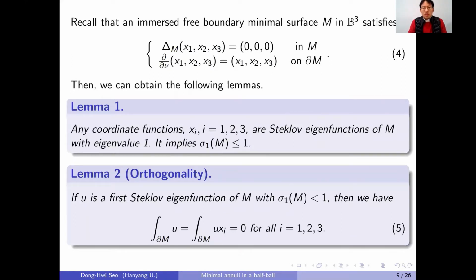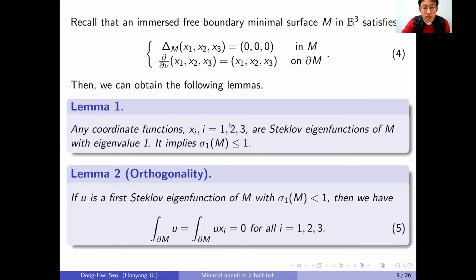So if you consider the Steklov eigenvalue problem defined on a free boundary minimal surface in a ball, then by definition our coordinate function becomes a Steklov eigenfunction with eigenvalue 1.